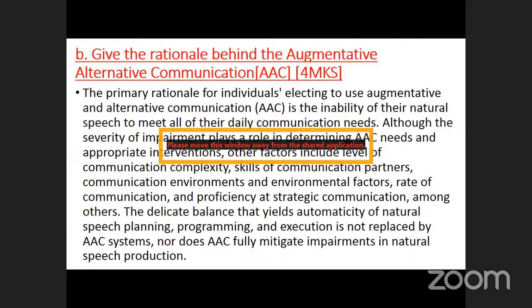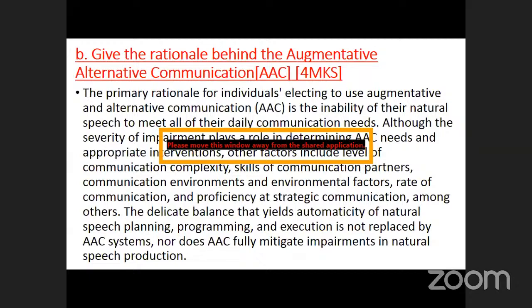You realize that if you have to communicate in a sign language, you cannot wake up and get somewhere and want to communicate in sign language to people who do not know what you're communicating. So it is considered that when you're using the AAC, the communication complexity and the skills of communication partners, communication environments, and environmental factors matter.